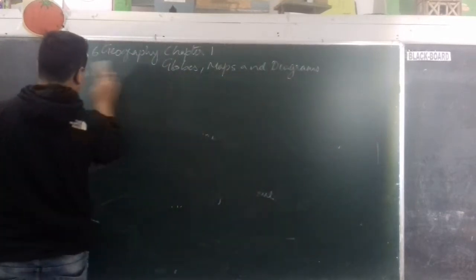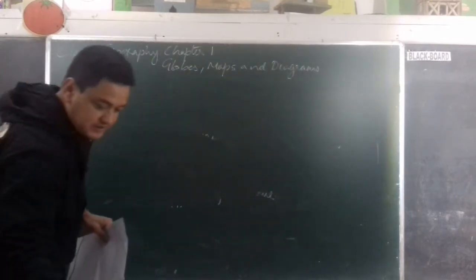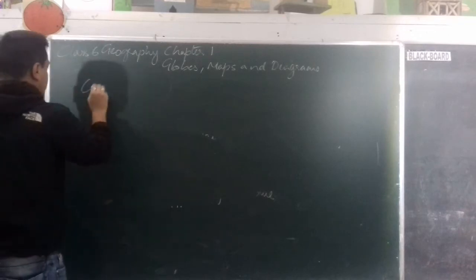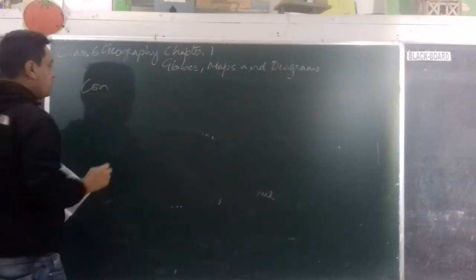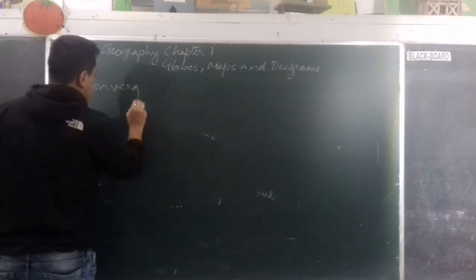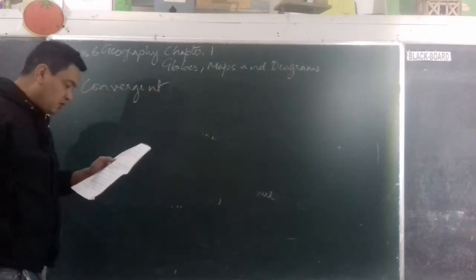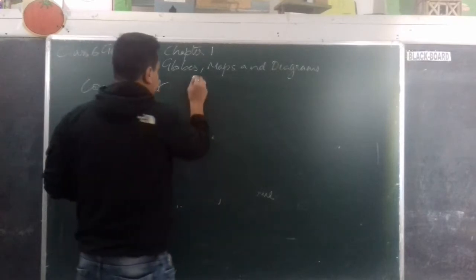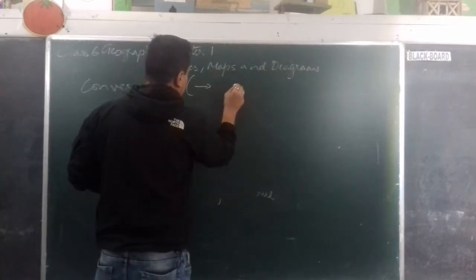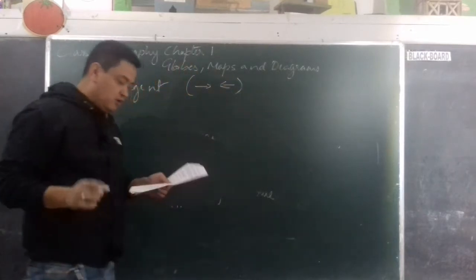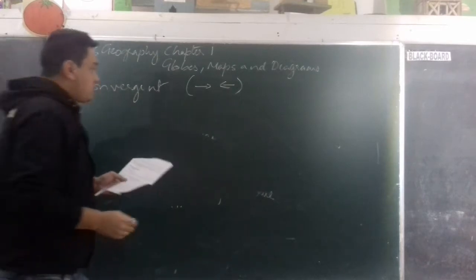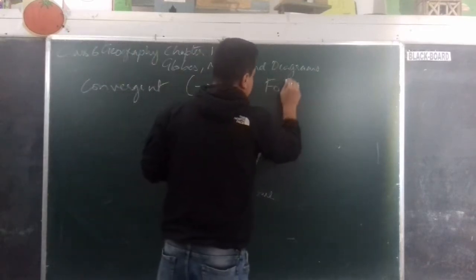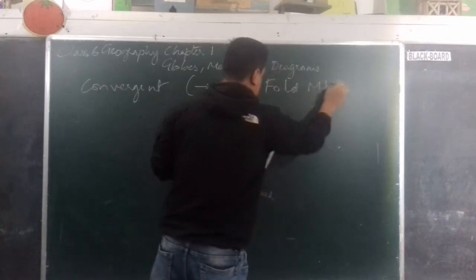So, in diastrophism, we are studying orogenic movements, that is known as convergent movement, which is also known as endogenic processes. This convergent movement causes fold mountains.